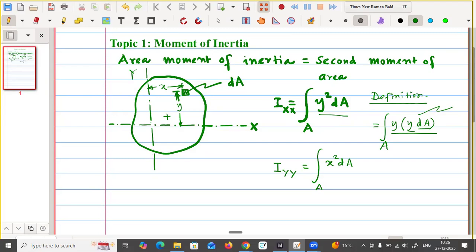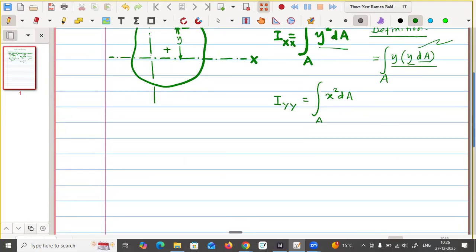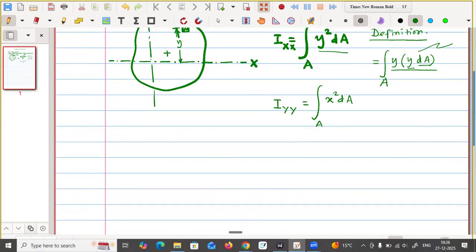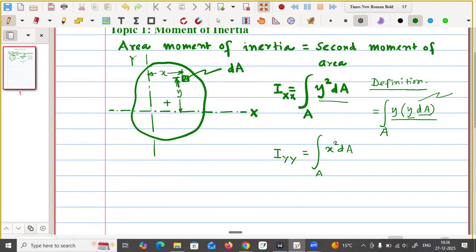Therefore, by using this definition, you can determine the area moment of inertia of this area about any axis, because this distance can be defined about any axis. Okay, first of all, this is the case.